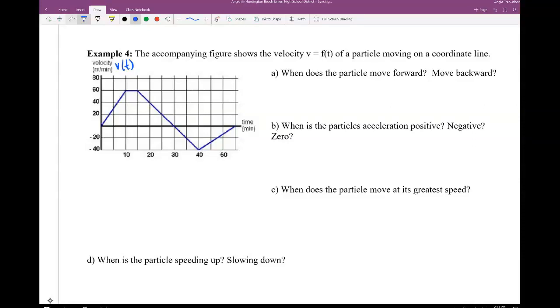When does the particle move forward? So keep in mind that moving forward or moving right is when the velocity is positive. When does it move backward? Move backwards is when the velocity is negative, okay? So this is already velocity.